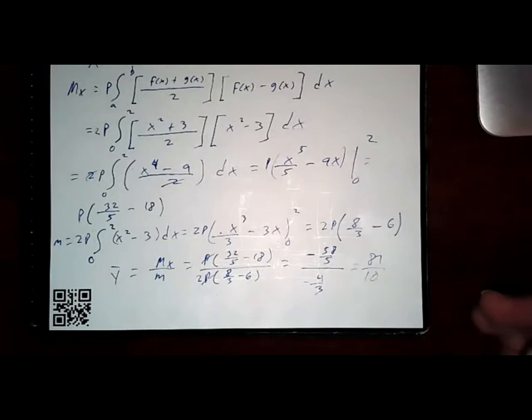Okay, top part looks good. So that was negative 58 over 5 divided by negative 20 over 3. Top part was fine, right?